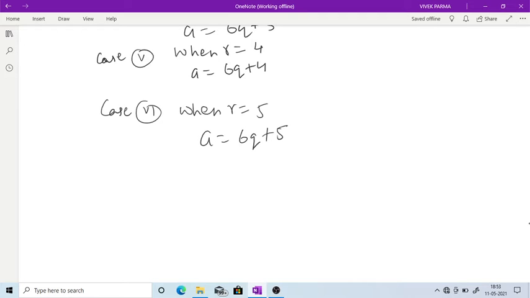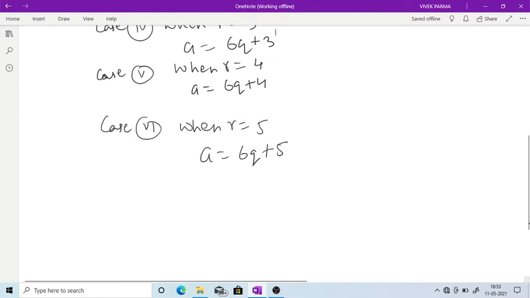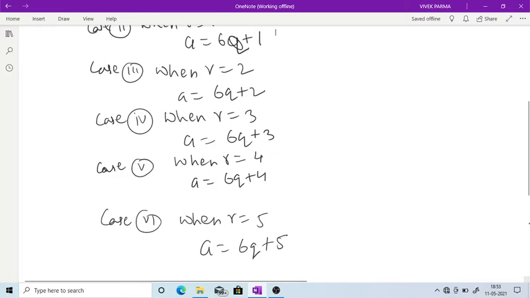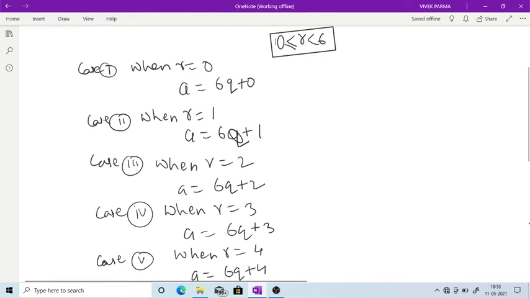So now we check which case is odd or even, right? So for case 1, we have a equals 6q plus 0, right? Here this 6q is completely divisible by 2, right? So this will be even. For case 2, we have a equals 6q plus 1, right?